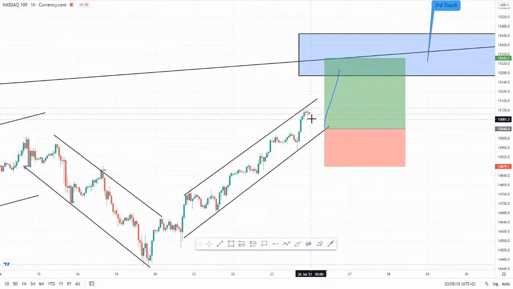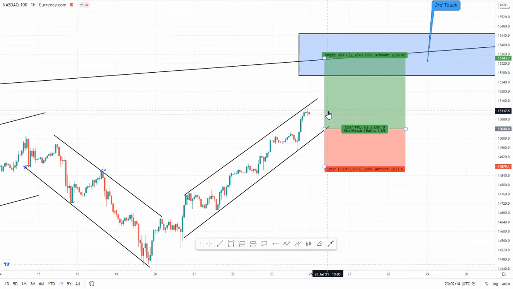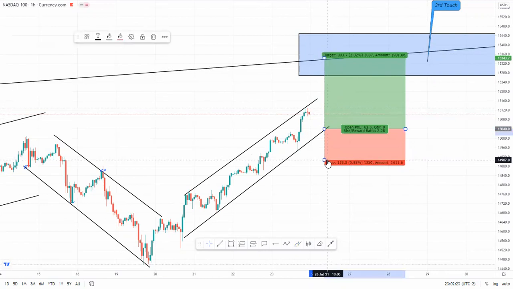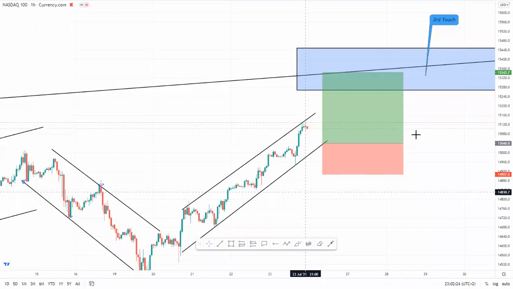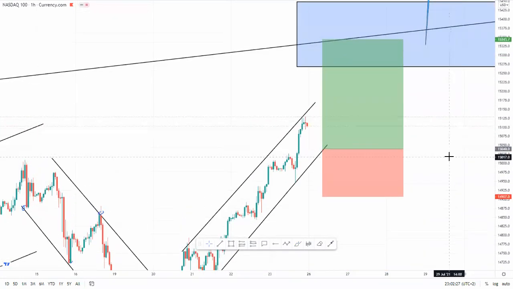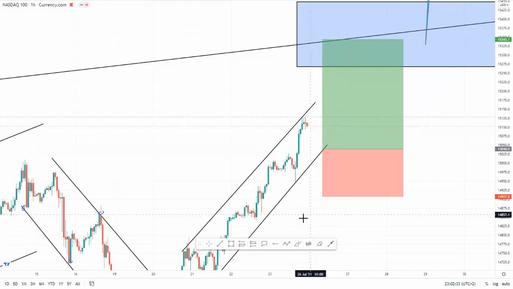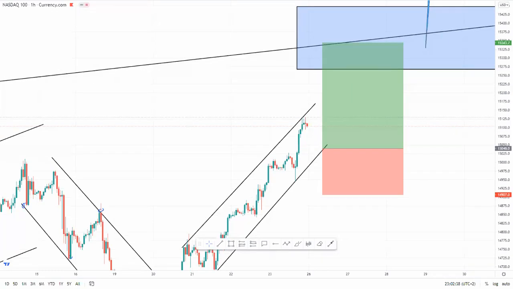Like I said, you have to use proper risk management, but try to make your stop loss as wide as possible to increase your chances of winning, basically. Because if you like Nasdaq, you can't trade Nasdaq and just hit it with tight stop losses.